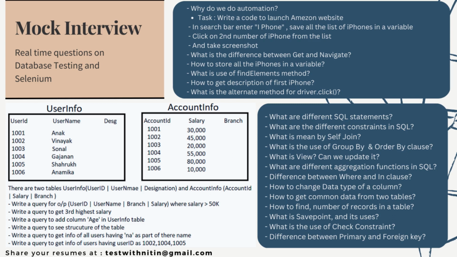What is the use of group by clause and order by clause? The group by clause is used to retrieve the data in a grouped manner. Like we have columns like salary or designation, then if we have to group by designation wise, we use the group by clause.